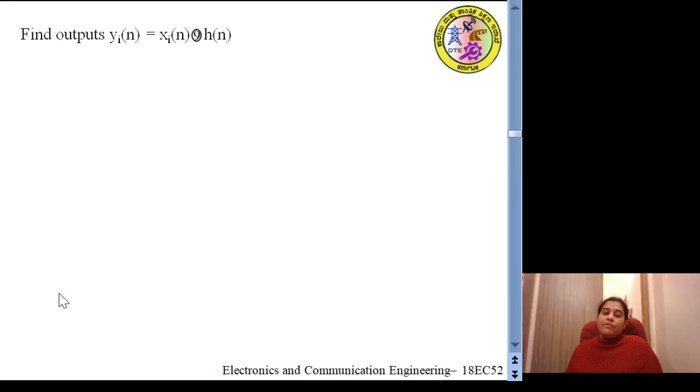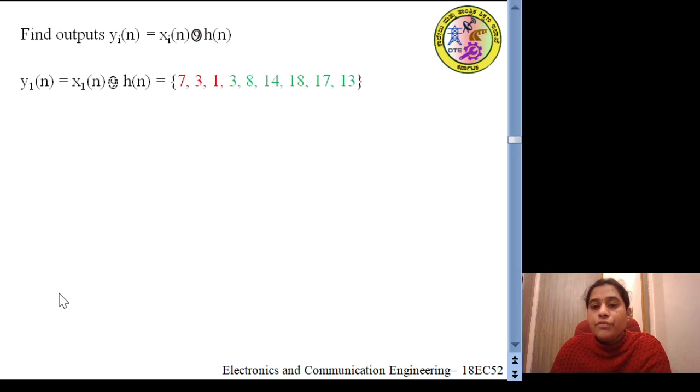So the next step is to convolve each block of input with the impulse response with appended zeros to obtain blocks of outputs. The first block of output y1 of n can be obtained by 9-point circular convolution of x1 of n and h of n. If we convolve the first block of input with h of n, we obtain 7, 3, 1, 3, 8, 14, 18, 17 and 13.